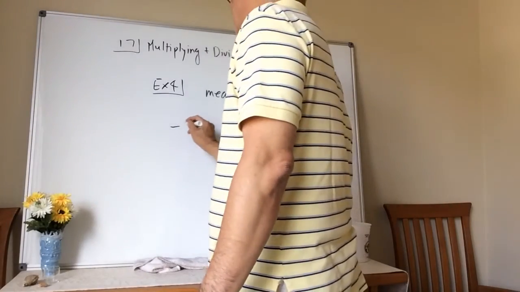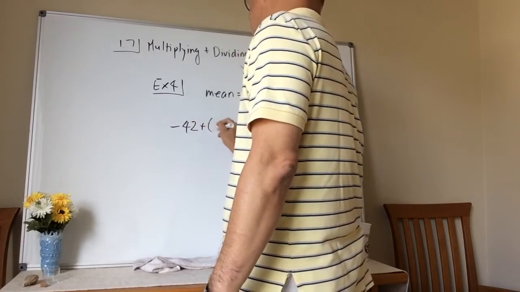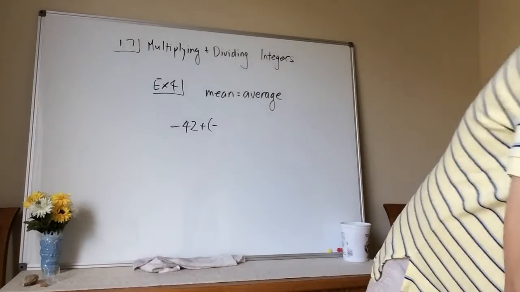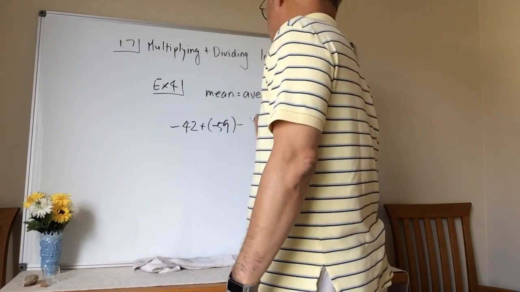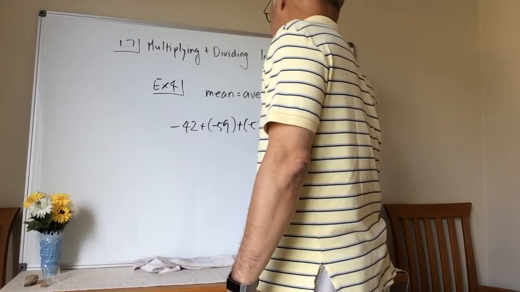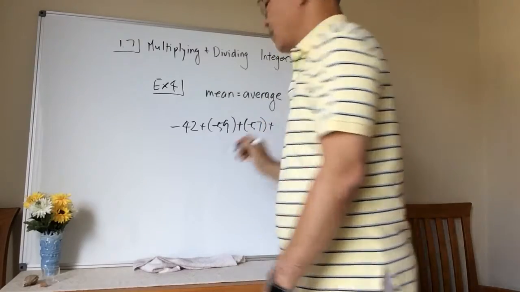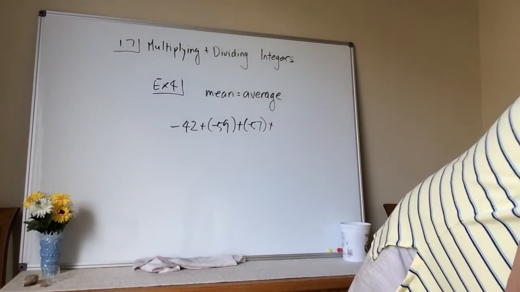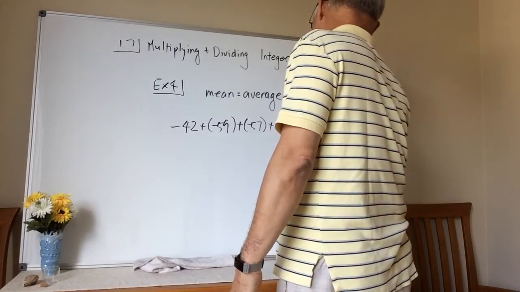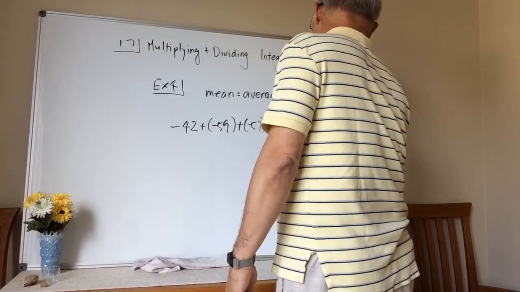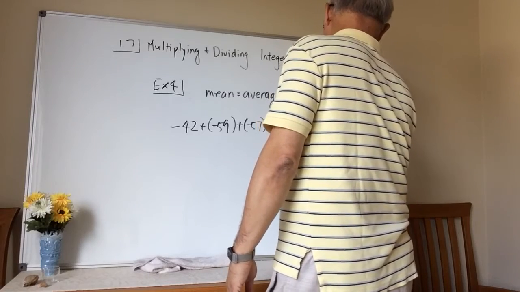So we add negative 42 plus negative 59, then negative 57, then negative 47, negative 40, and negative 19. These are all negative numbers, so you can rewrite this as negative 42, negative 59, negative 57, negative 47, negative 40, negative 19.